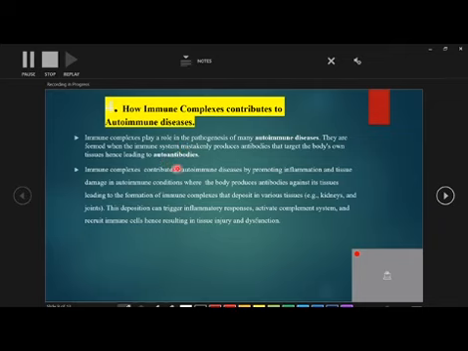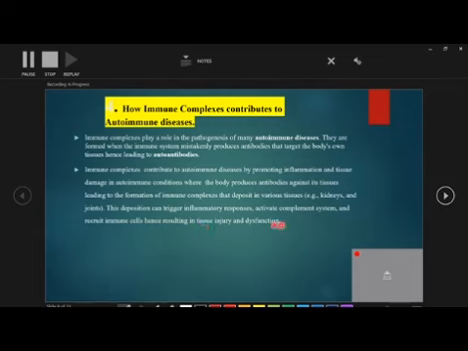Immune complexes contribute to autoimmune diseases by promoting inflammation and tissue damage, where the body produces antibodies against these tissues, leading to the formation of immune complexes that deposit in various tissues, hence contributing to inflammation in our tissues.